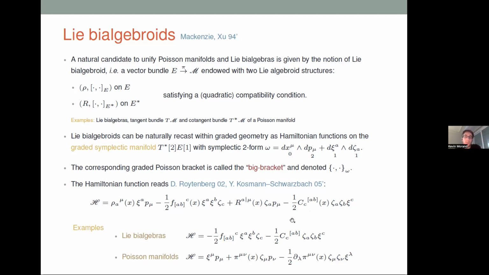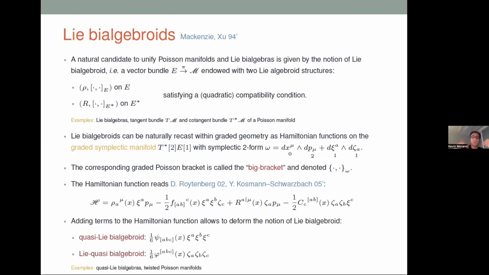Okay, but if you look at this formula, maybe you notice that there are some terms that are missing. For example, there are no terms which are of order 3 in the coordinate xi. So this function should be of degree 3. So for example, xi, xi, xi, or zeta, zeta, zeta, or potential terms. But if we include this extra function, then we deform the notion of Lie bialgebroid. So we're not in a Lie bialgebroid anymore. We are in what we call either quasi Lie bialgebroid or Lie quasi bialgebroid.